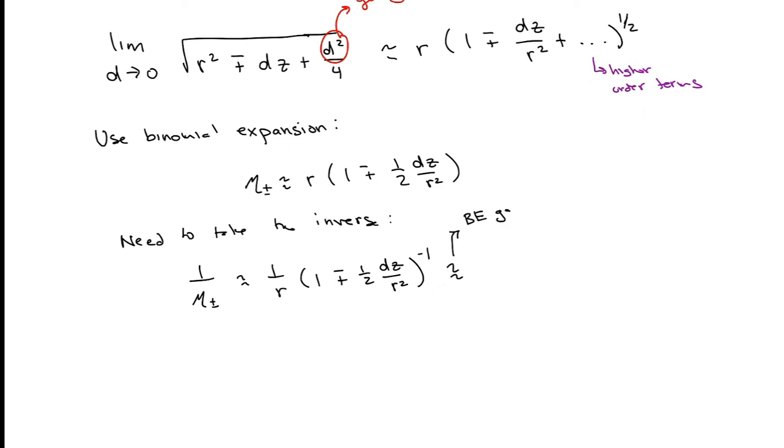Just kind of amazing, you can just keep applying it over and over again. But again, d is still small, so we can still do that. And when we do that, this simplifies again, and we get 1 over r, 1. That's going to flip the sign here because we're going to get a negative 1 moving out front, so that's why this is flipped. And you still have the 1/2 dz over r squared. And now again, there are some higher order terms that we're going to neglect, that's in the dot, dot, dot.